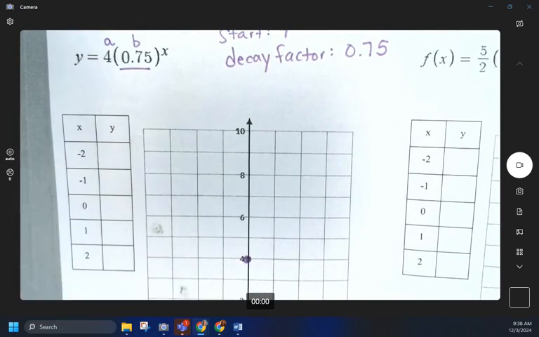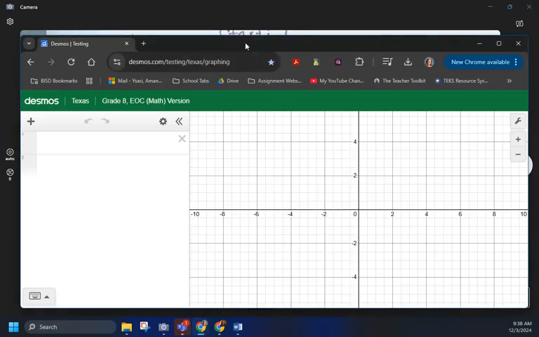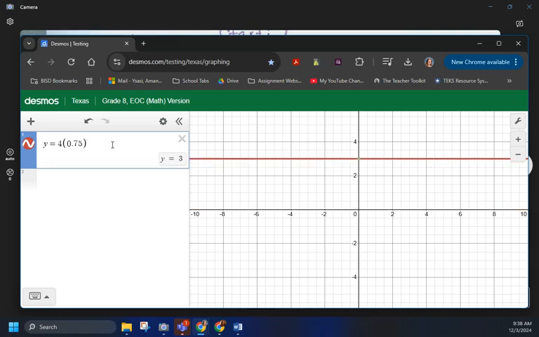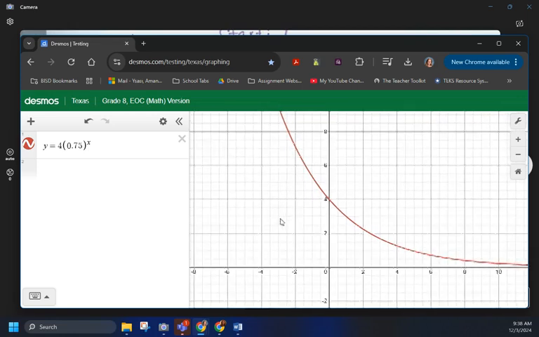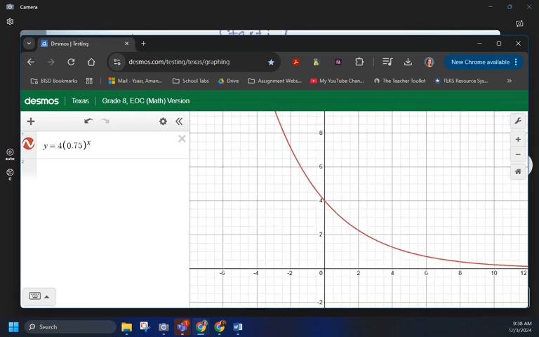All right, let's put this in on Desmos. So y equals 4 parentheses 0.75 raised to the x. Make sure you raise it to the x.